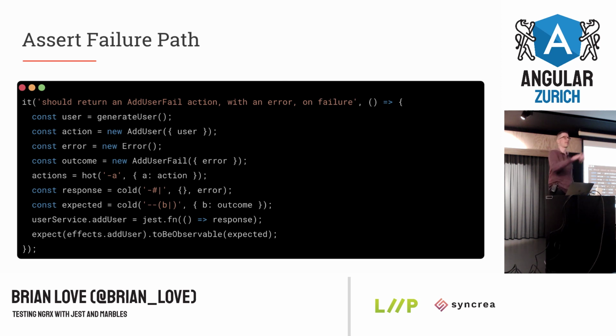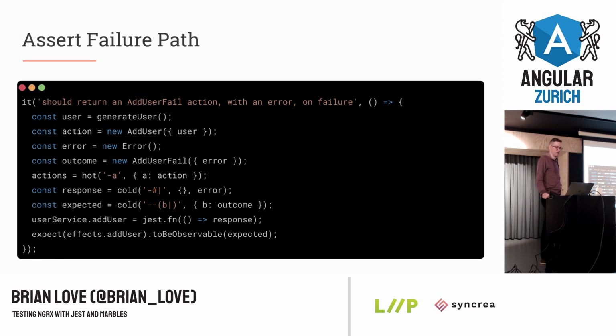You got a question? Yeah. So you mentioned before that cold observables don't really produce anything until they're subscribed to. Can you repeat the question? Yep. In this question, the response object is a cold observable, but where is it actually subscribed to? Is that somewhere magic in the framework?